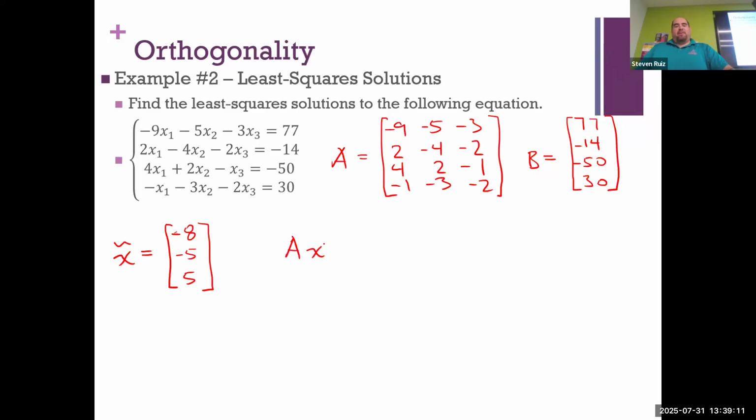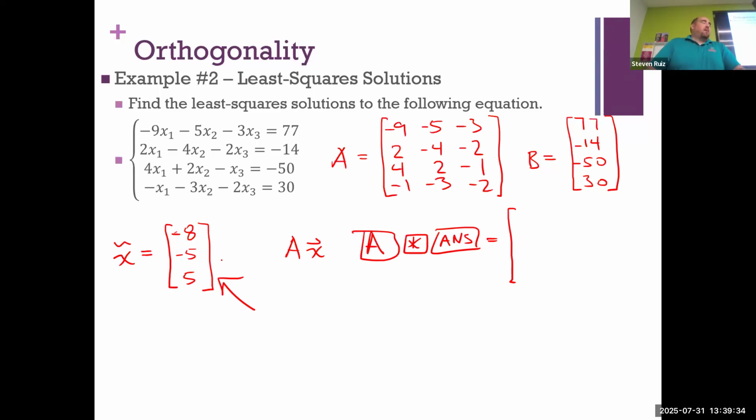If you want to redefine it, I think if you do A times your answer on your calculator, as long as this was the last thing you got, that should give you a 4 by 1 matrix or vector, and hopefully all of those numbers should be close. I did the first one and I got 82. So if I did that right, you should have got 82.